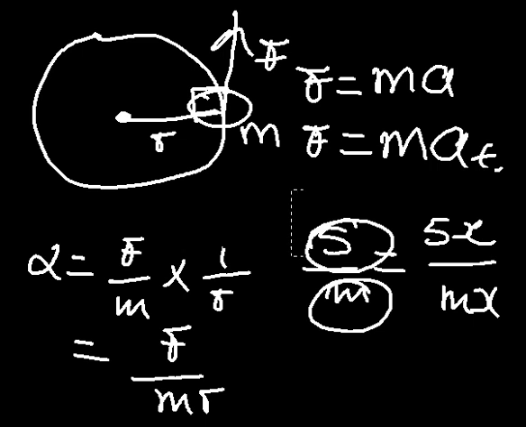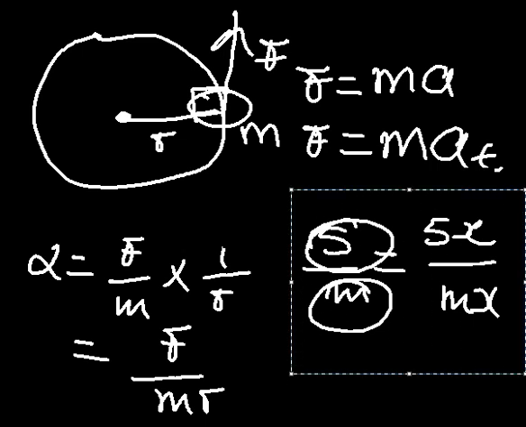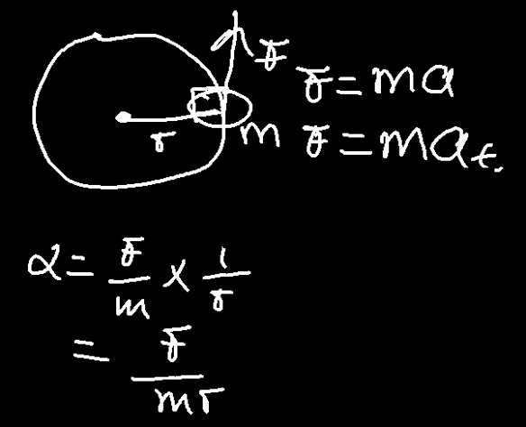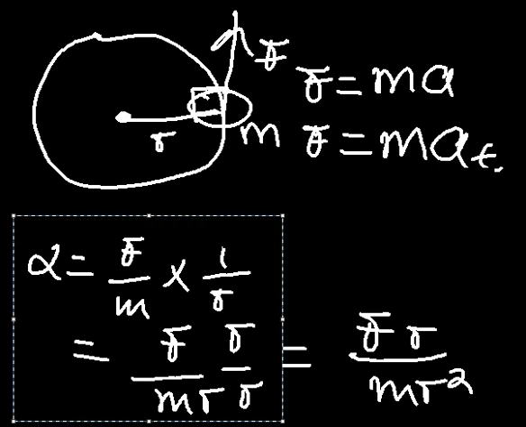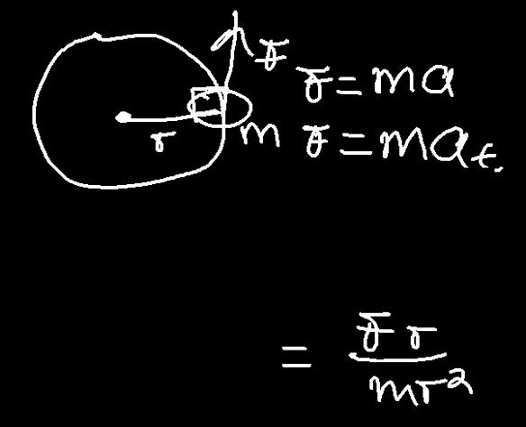Nothing changes. So if we do the same by multiplying the numerator by the radius and also the denominator by the radius, then we have the force times radius divided by mass times radius squared. This is what we have as the angular acceleration.